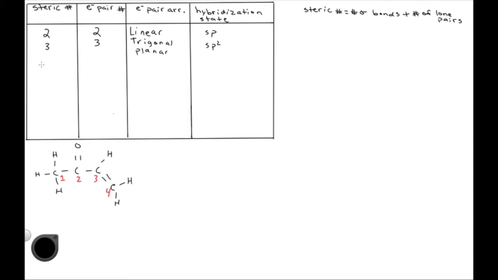Now, if we have a steric number of 4, our electron pair number is also going to be 4. And that's going to give us a tetrahedral electron pair arrangement. And therefore, our hybridization state is going to be sp3 hybridized.